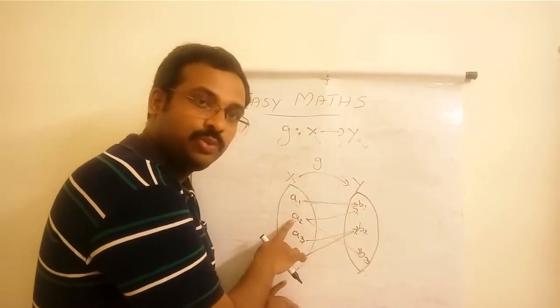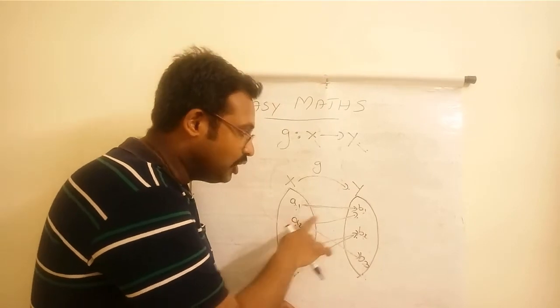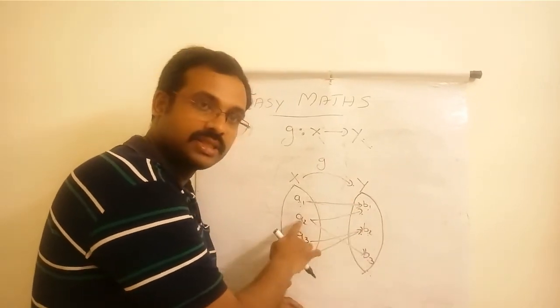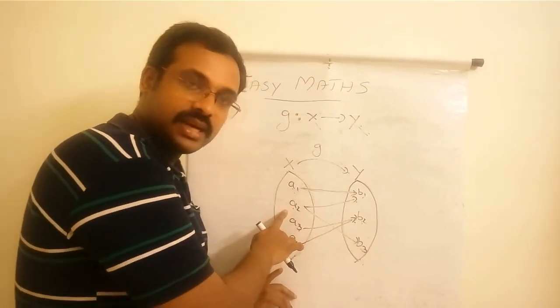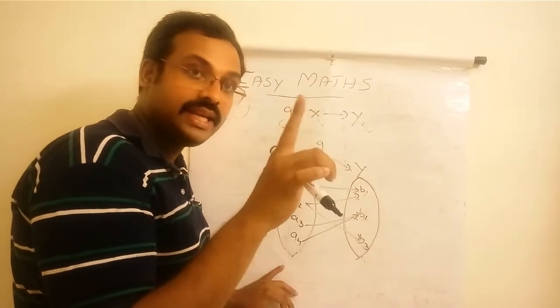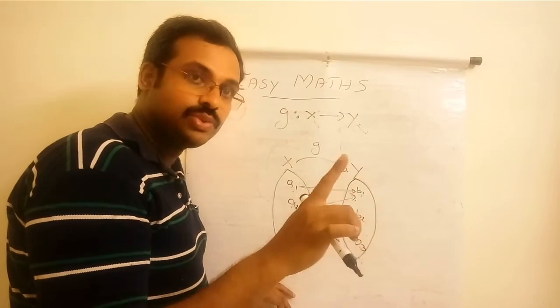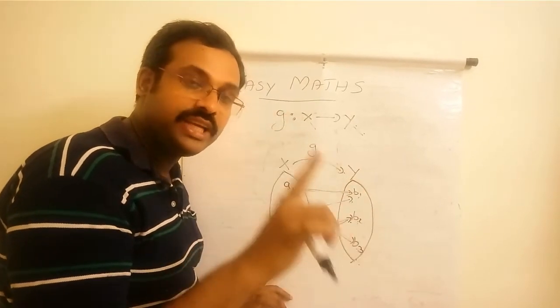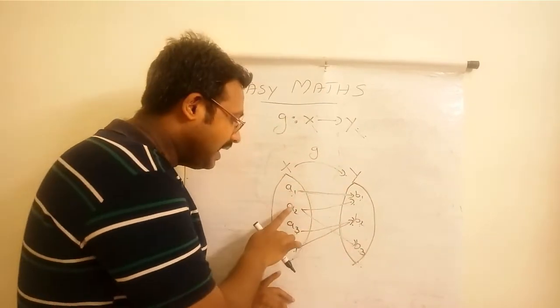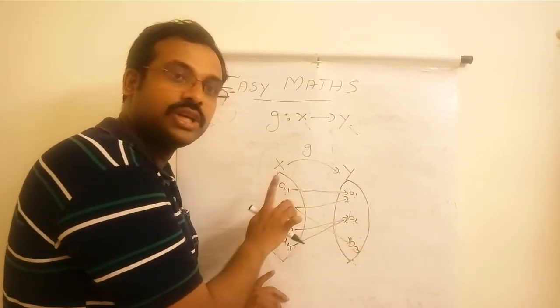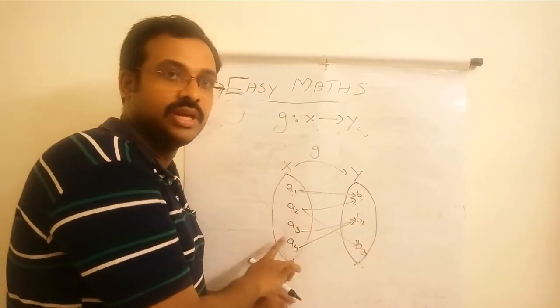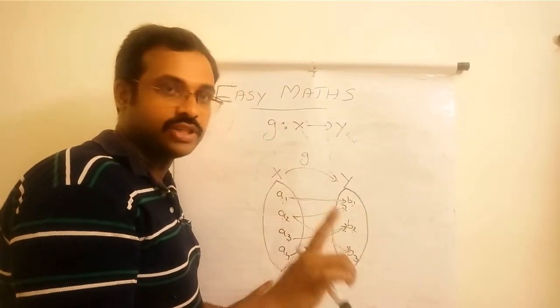Then what about a2? a2 has 2 different images, so it contradicts our definition. Every element in the domain should have a unique image. Since a2 has 2 images, it contradicts our definition, so it is not a function.